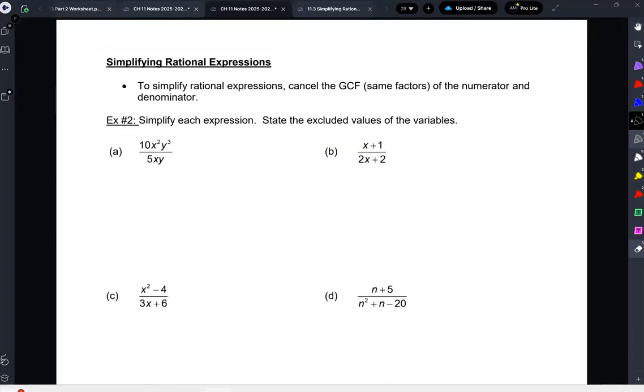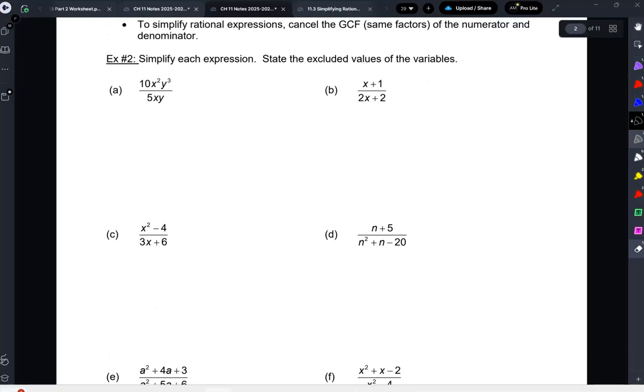To simplify, we have to cancel the GCF from the numerator and the denominator. So look at this one. We want to simplify and we want to state the excluded values, right? So this one, you have to do this before canceling.